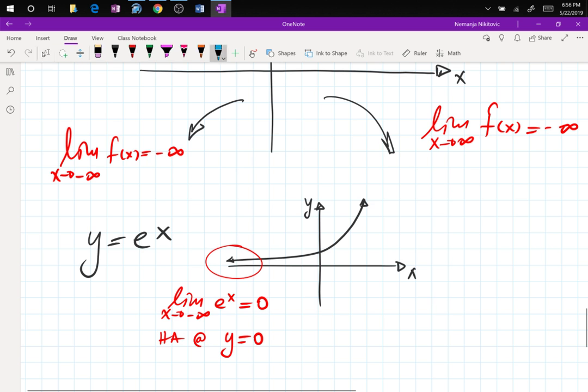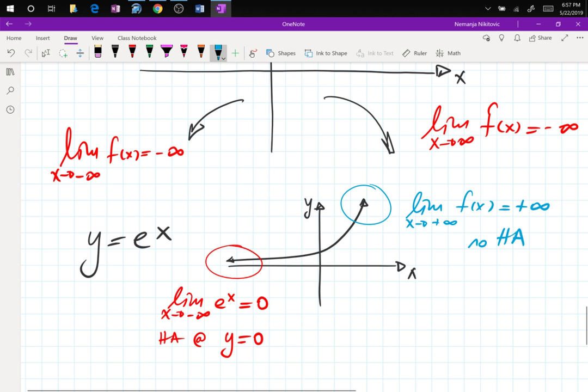Now, on the other side, the blue one, the limit as x approaches positive infinity of f of x gives you positive infinity. That's end behavior. No horizontal asymptote there because you did not get a finite number.